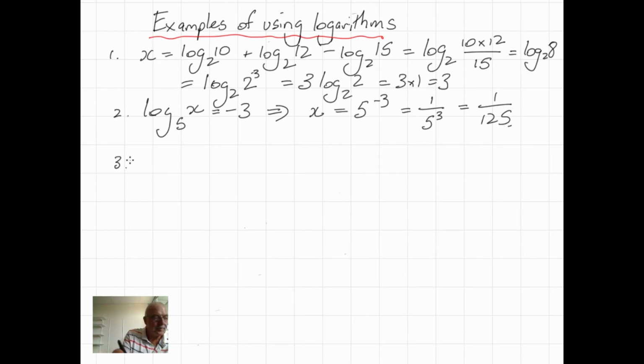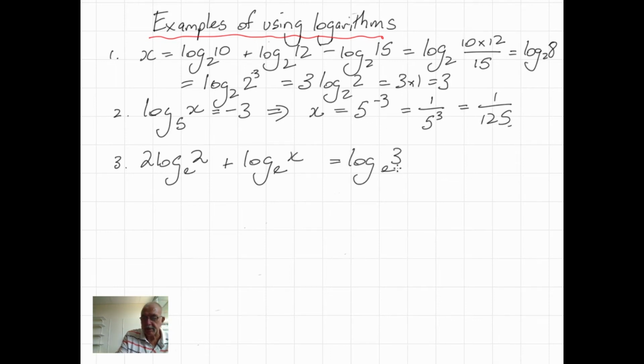Number 3, if we've got 2 log 2 to base e plus log x to base e equals log 3 to base e, we've got to find x. Your general strategy for solving equations is to get the term containing the unknown by itself.